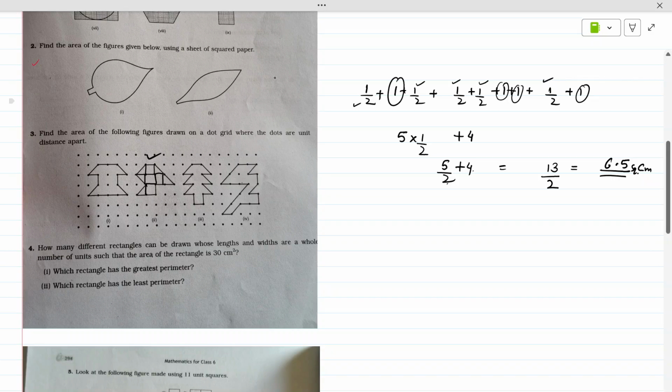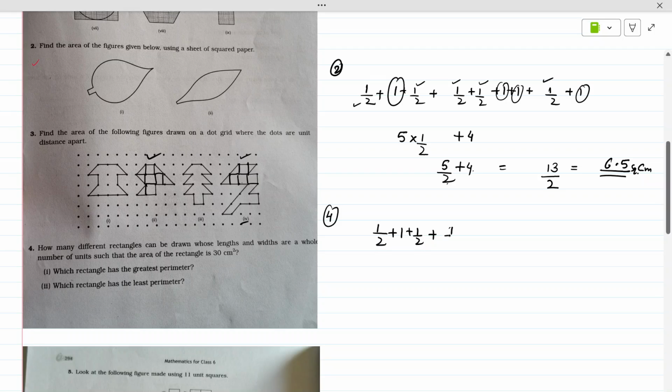And next, let us do this one, the last part. I'm doing the fourth part here, this one. 1 half plus 1 plus half. Then coming down, half, 1, 1, 1.